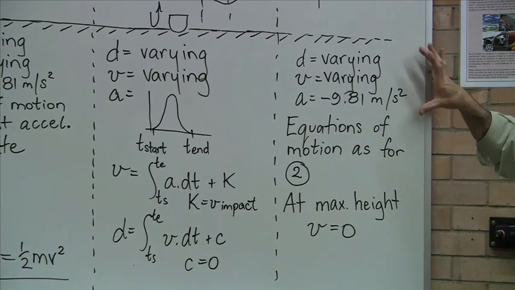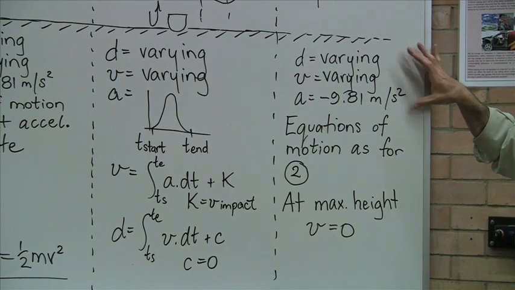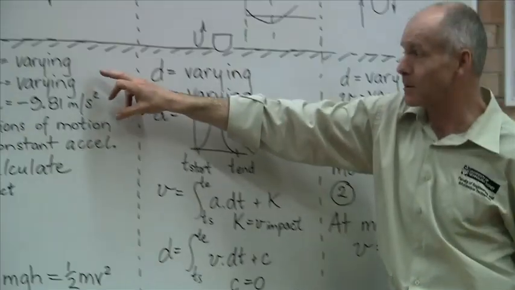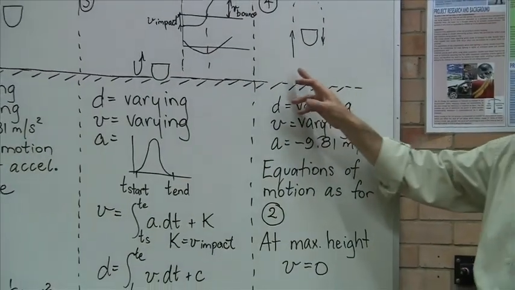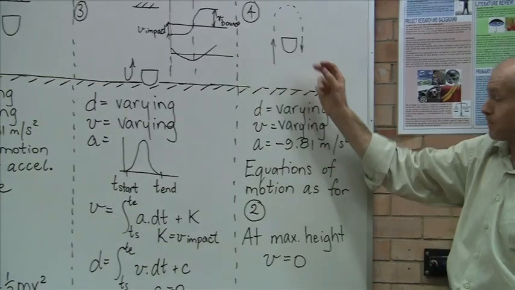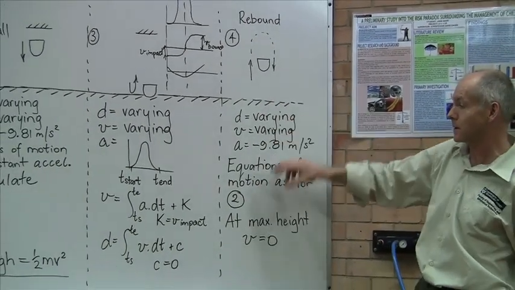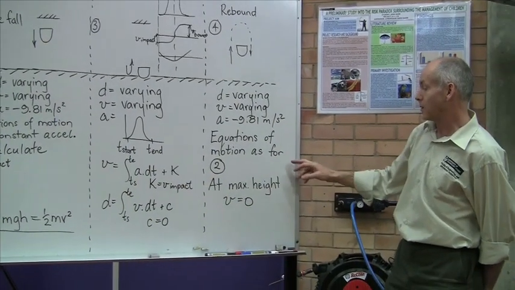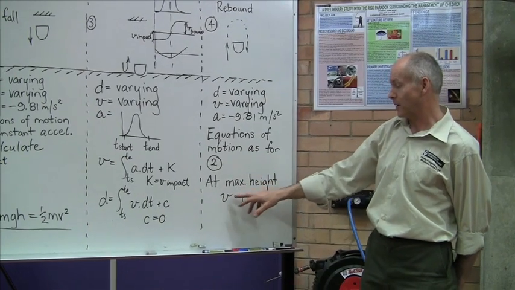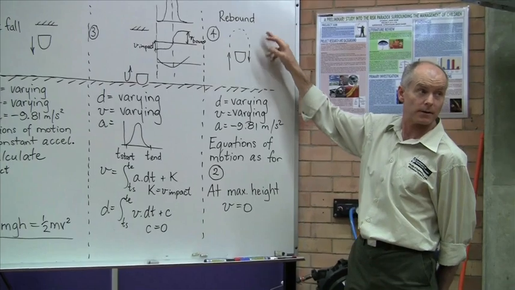When you think about it, those three parameters, acceleration, displacement, velocity, are the same as in stage 2. The only difference is that we start off with the velocity going up. Because of that, the equations of motion for this stage are the same as for stage 2. Knowing that at maximum height velocity is equal to 0, we can calculate the bounce height that it gets to.